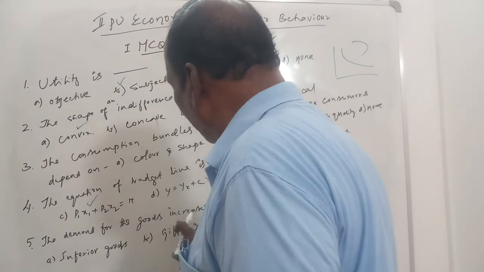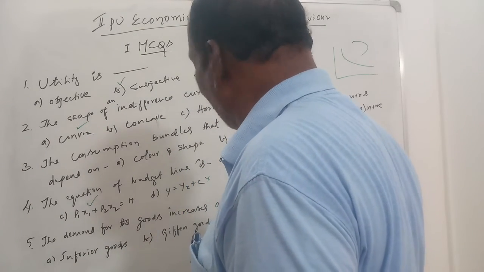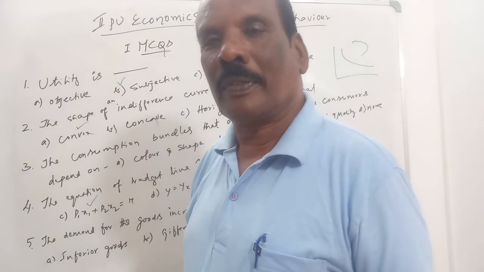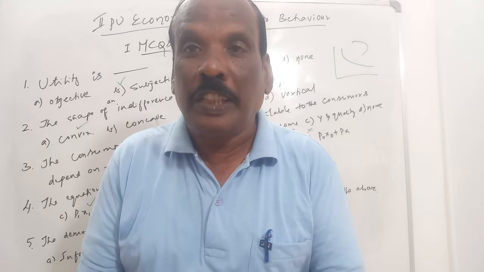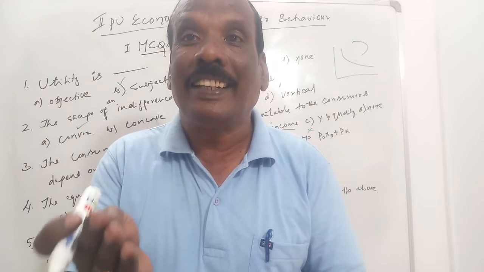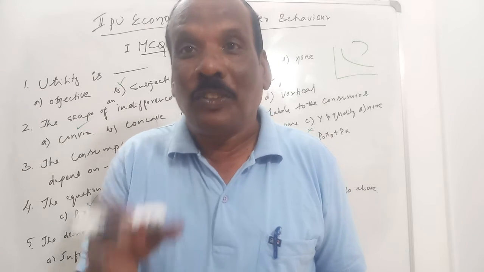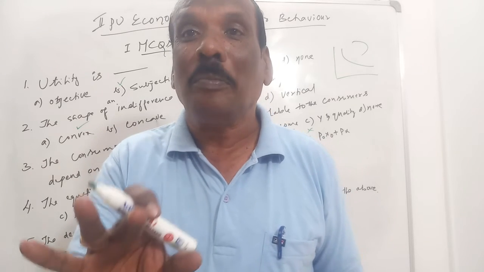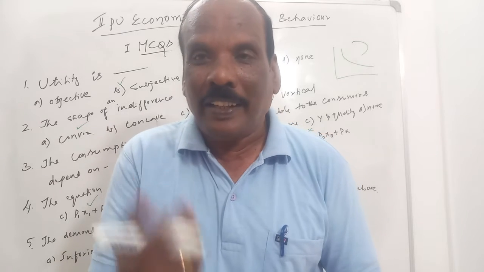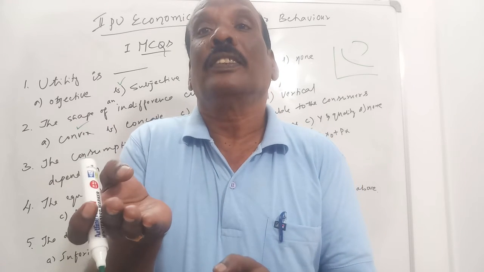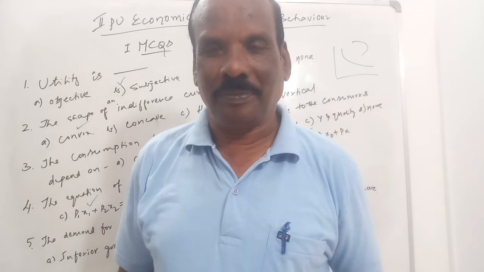The demand for the goods increases as income increases. So those goods whose demand increases as the income increases, that I have explained. And those goods are called normal goods. When the income increases, the demand for that good also increases.